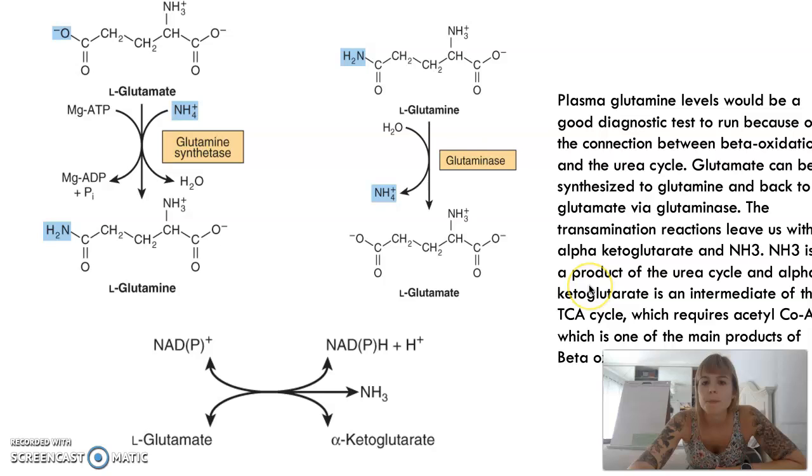And alpha-ketoglutarate, as seen down here in the transamination reaction, is an intermediate of the TCA cycle. And the TCA cycle, if you remember, does require acetyl-CoA, which is the main product of beta oxidation. So it can be either used for the TCA cycle or ketogenesis.